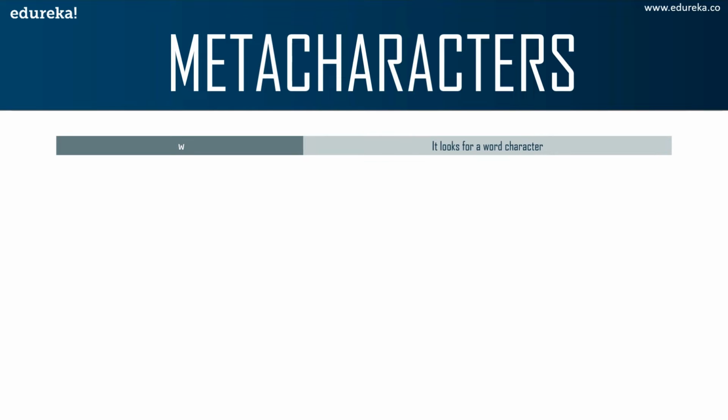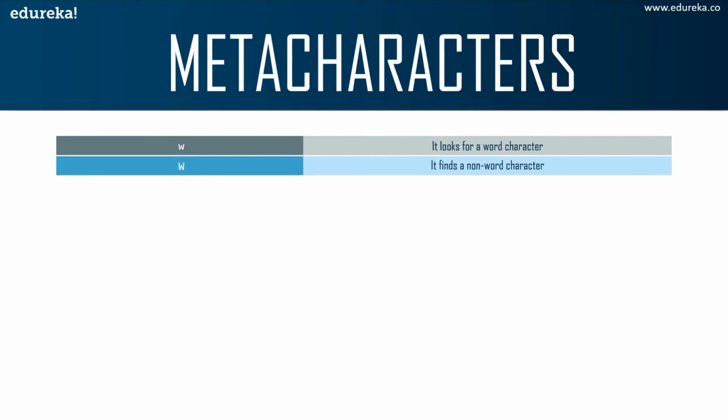We have this small letter and capital letter thing going on in MetaCharacters. The small letter w looks for any word character, and the capital letter W finds any non-word character. So the first one will give you any word character, and the second one will give you any non-word character, that is any digit or anything else that's present inside your string.